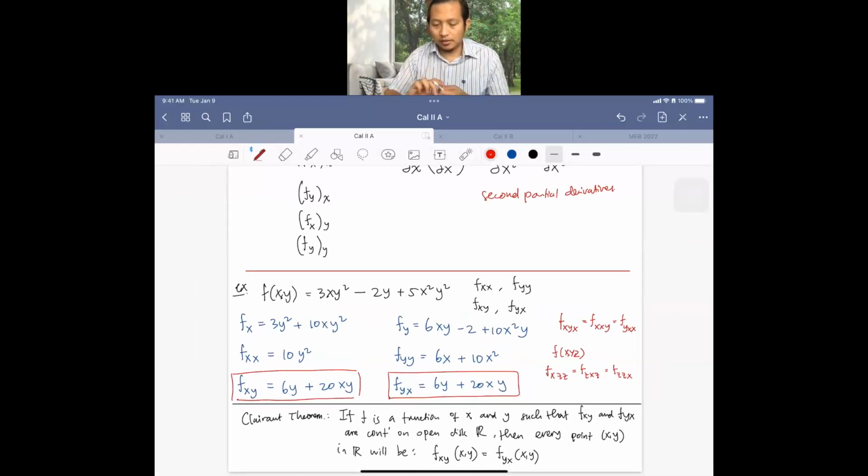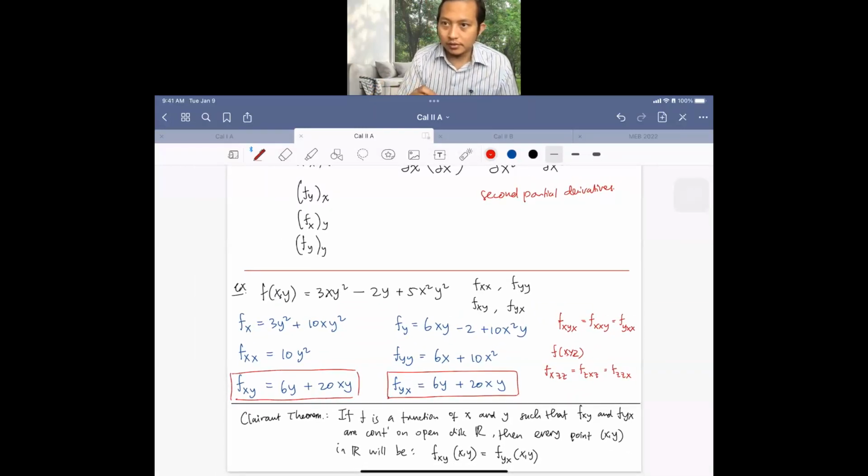And then in this partial derivative, we can also write in terms of partial differentials.